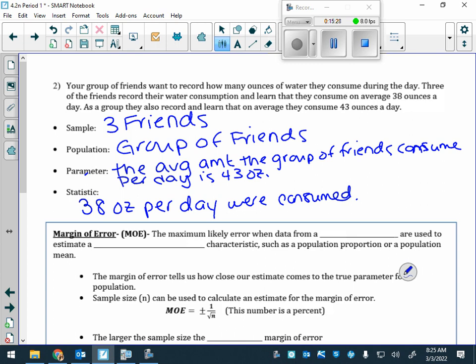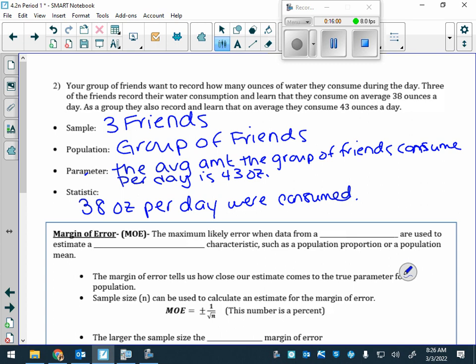But what are you talking about? Like, what are you measuring? If they don't have this, what are you looking at? Right? So I think if you have some sort of explanation of what they're consuming or what you're talking about makes sense. It doesn't have to be this big 2-3 sentence situation. It's just you have to have some consistency. If you have 43 and 38, right, what does that mean? We need some sort of explanation.